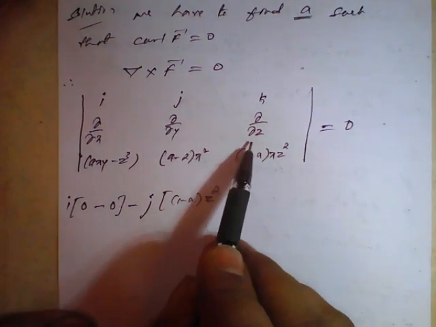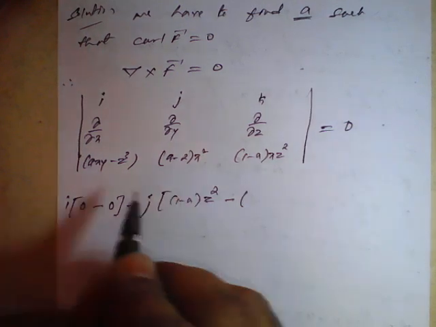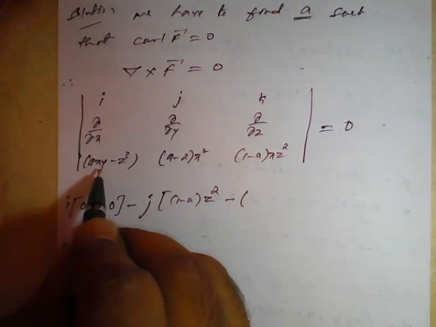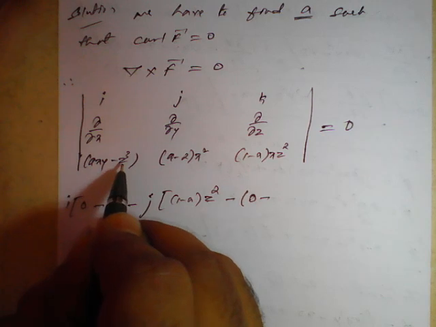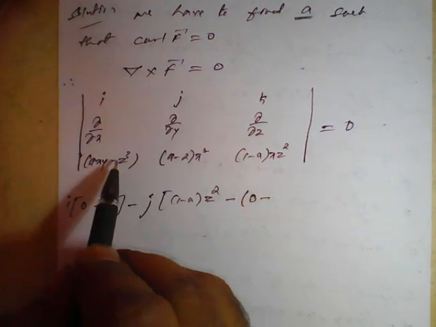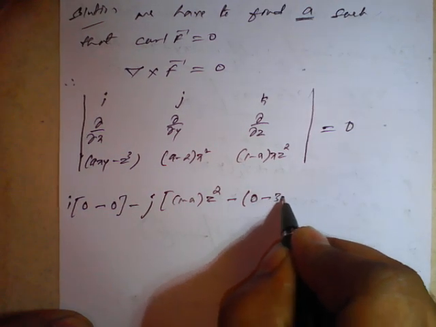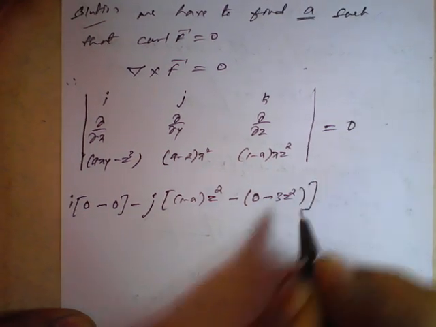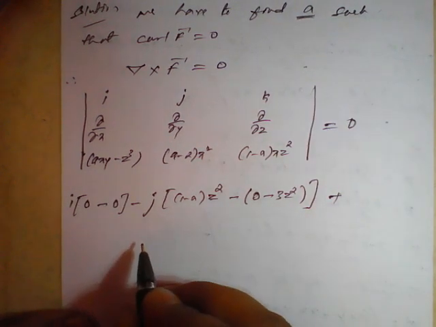Minus dou by dou z of AXY minus Z cube: AXY is purely constant because there is no Z term, so 0 minus the partial differentiation of Z cube with respect to Z, which is 3Z square. So close with J.